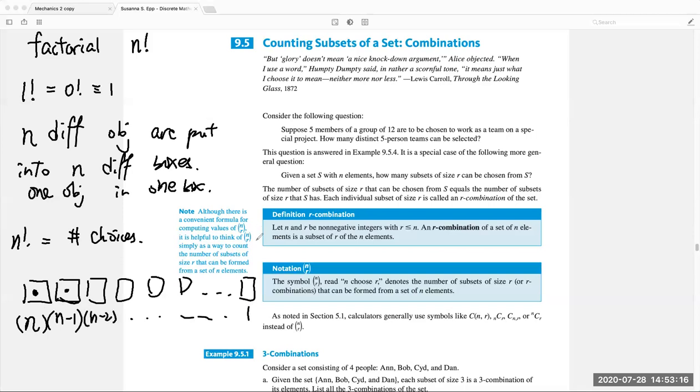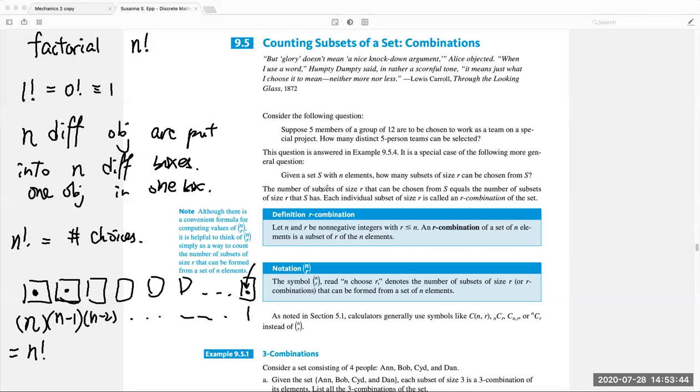For the last box, you have only one object left, so you have no choice. You can only put that object in this box. Then you simplify it, and it gives you n factorial. So that's the number of different ways to put n objects into n boxes.